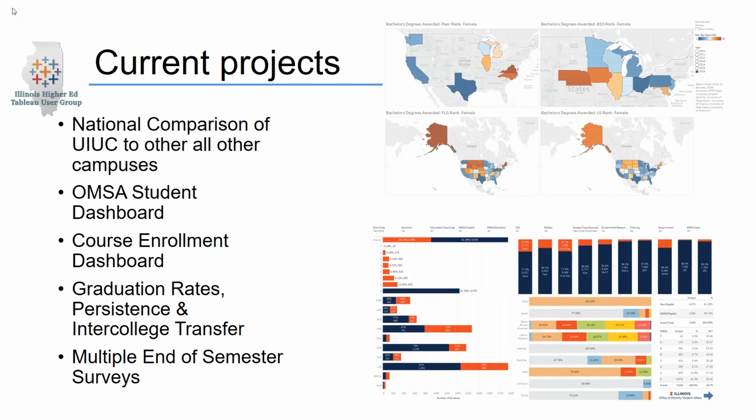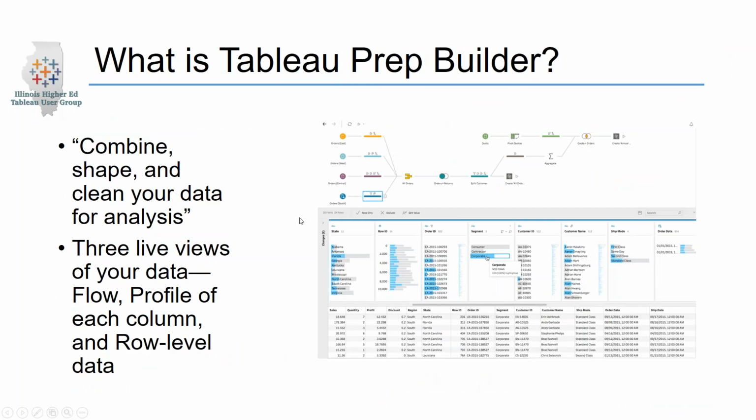And what I found is that Tableau Prep, which Tableau describes as allowing you to combine, shape, and clean your data for analysis, really speeds up that process of getting that data into views in a reliable, manageable, visible way that's not me just running like 30 VLOOKUPs in Excel all day, every day, which is what it would be otherwise.